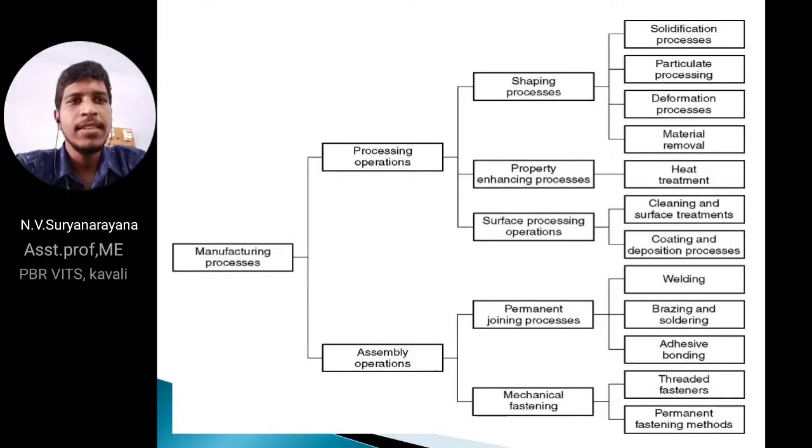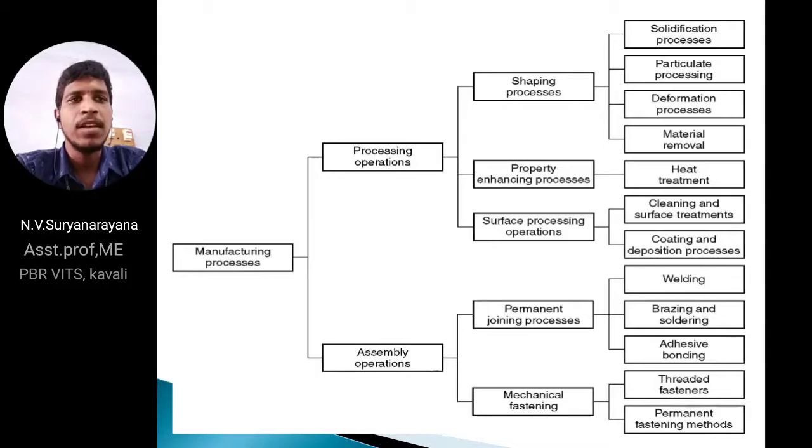Next, in this flow chart, I am showing the different types of manufacturing process. One is processing operations and the second one is assembly operations. In processing operations, we have three different types: shaping process, property enhancing process, and surface processing operation.